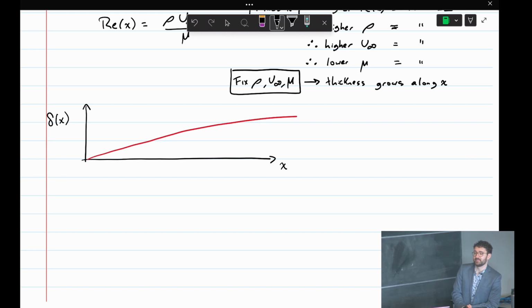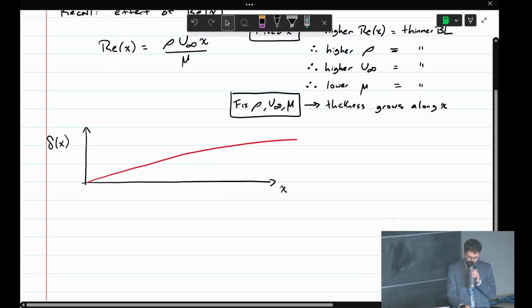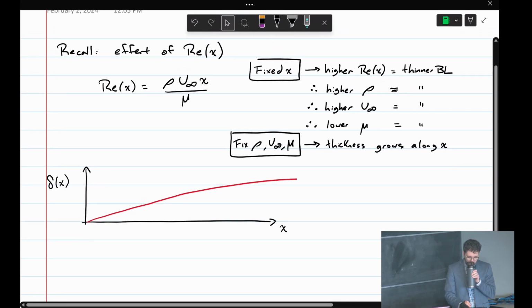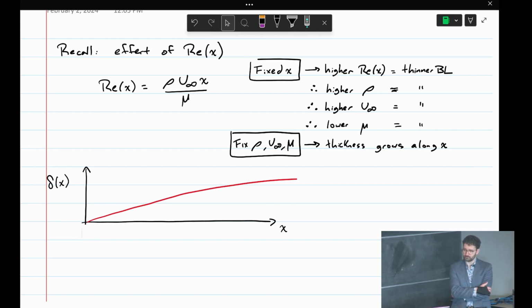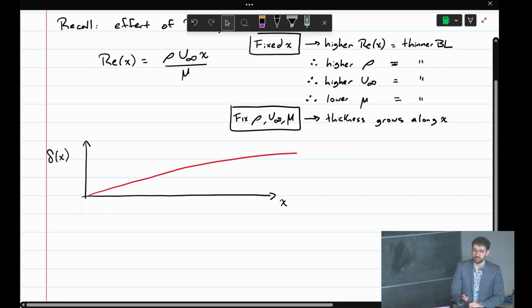Yes, please. I may be getting something wrong, but with a higher x, our Reynolds number increases, right? Yep. But in the equations you gave us for boundary layer thickness, in the laminar case, it's proportional to 1 over the square root of the Reynolds number. So when the Reynolds number increases, should the boundary layer thickness decrease? Yeah, it's a good question.